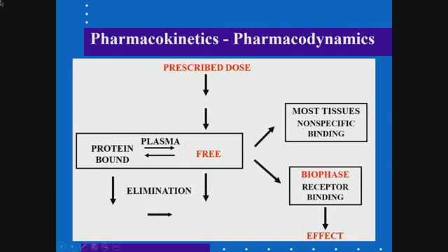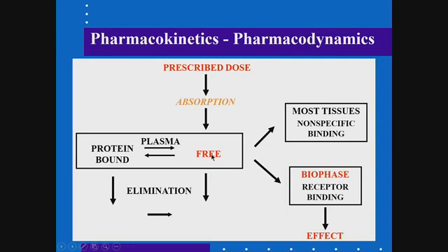Schematically here, we prescribe a dose or administer a dose of medication to a human subject. Then we need to wait for the process of absorption to take place so that the drug can be carried typically from the gastrointestinal tract to the systemic circulation.